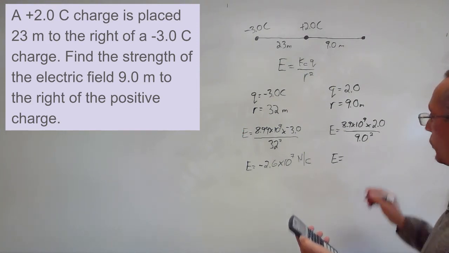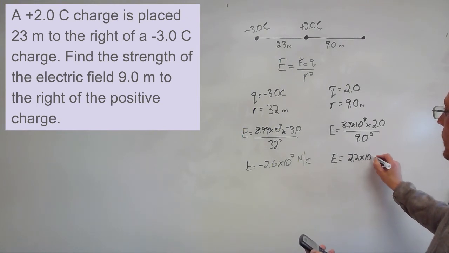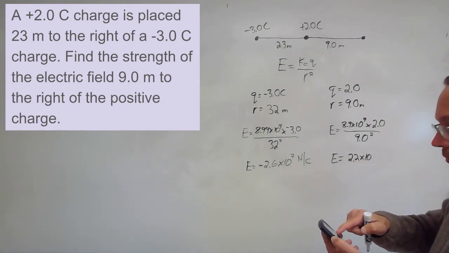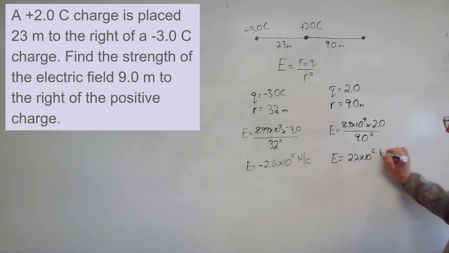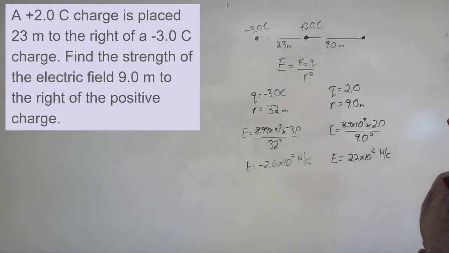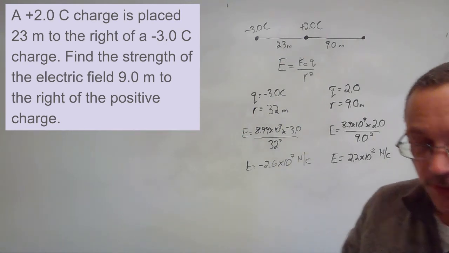There I get 2.2 times 10 to the 8th power, with two significant figures, in newtons per coulomb because it's an electric field. Notice this one's negative and that one's positive because they're in different directions.